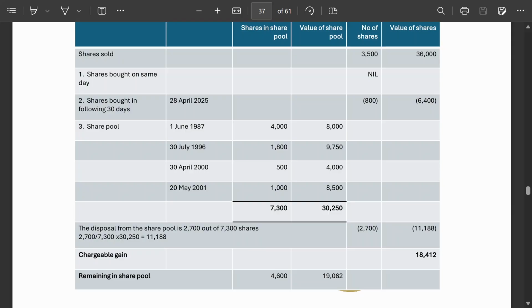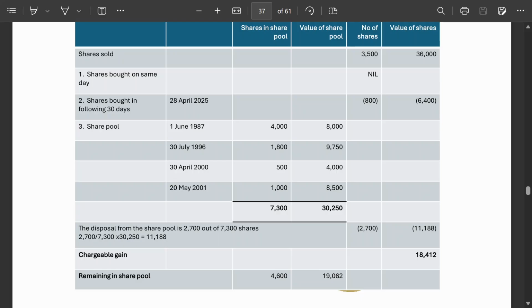It is not based on value, it is based on proportion, so it's very logical. You have a share pool of 7,300 shares, and the cost of that is 30.25K. You already took care of 800, so you need to take care of a further 2.7K.